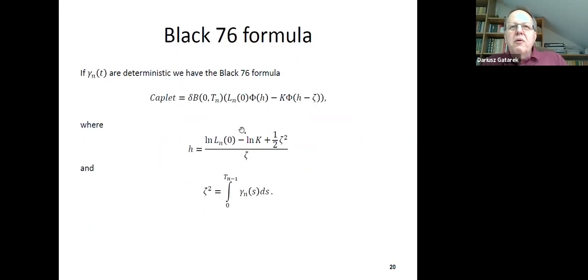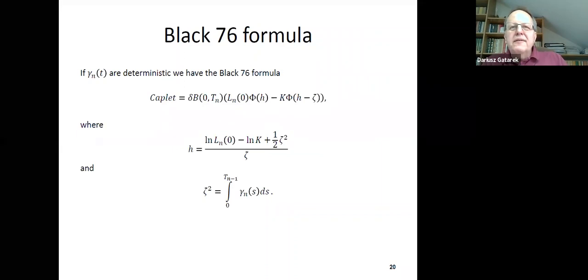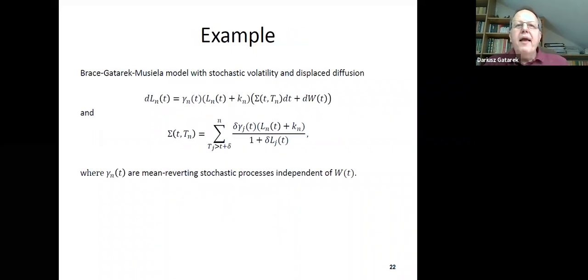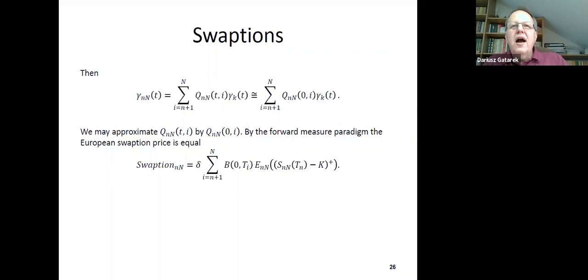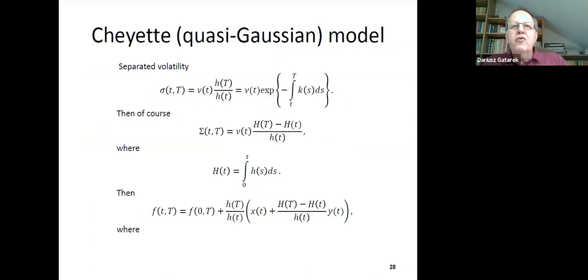So that was probably reason for the success of the BGM model, that we were able to recapture the market practice of using Black 76 formula. And then I've told you something about pricing of swaptions. And then let us move to next very important model by some people called Cheyette, by some quasi-Gaussian.